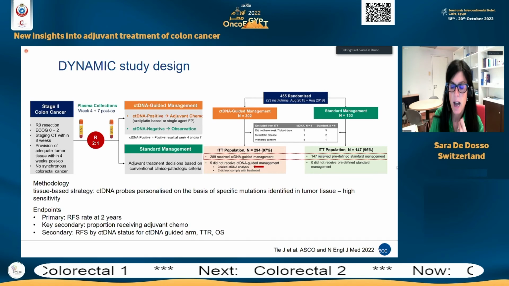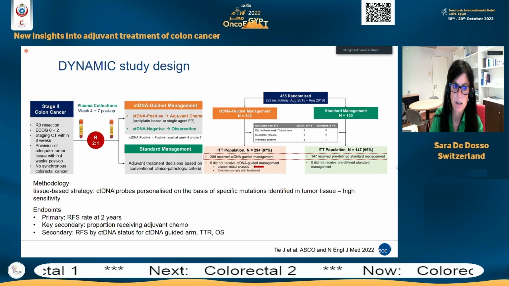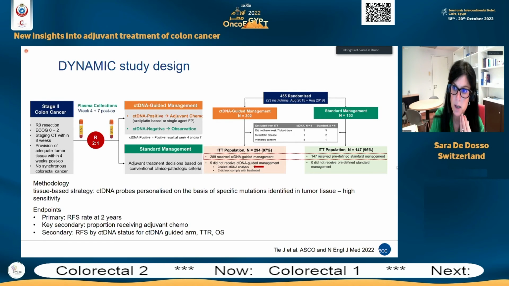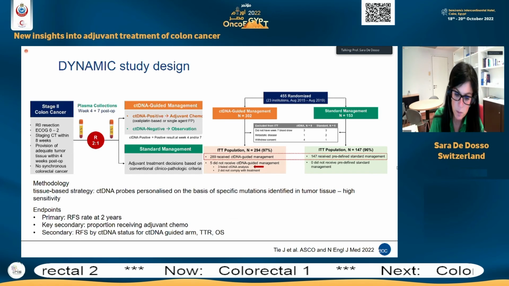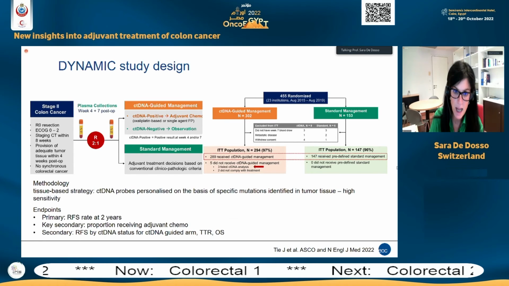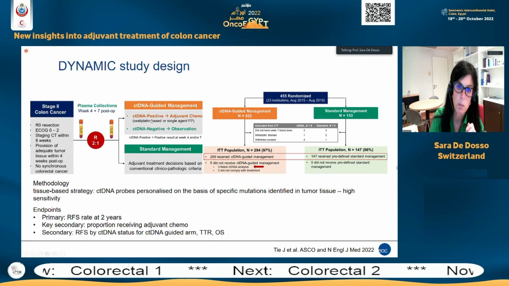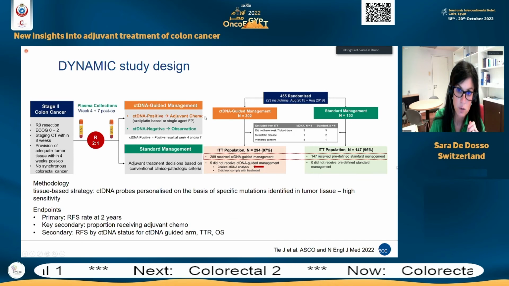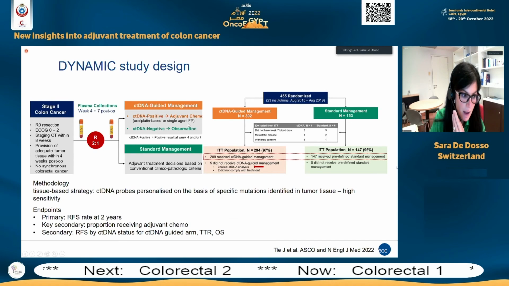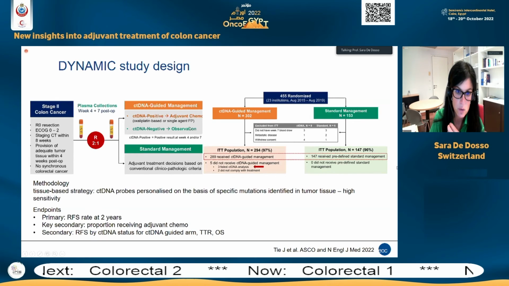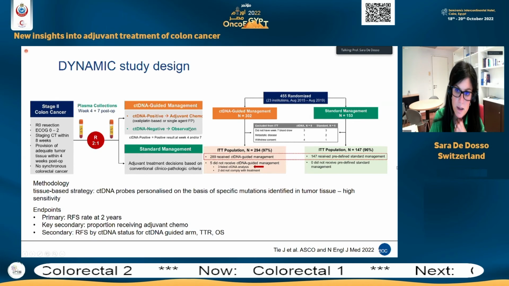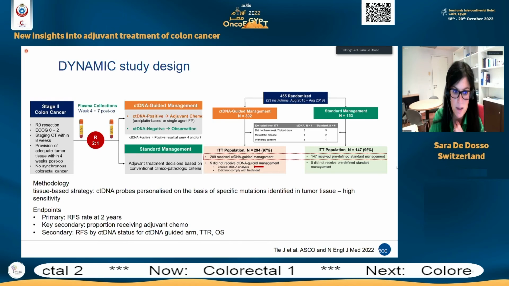This means a highly personalized strategy and high sensitivity, but on the other hand, this procedure took quite a bit more time to be finalized. So patients who were ctDNA positive and treated with adjuvant chemotherapy started the adjuvant treatment at around 11 weeks, in comparison to the maximum of 8 weeks that is accepted as standard practice.